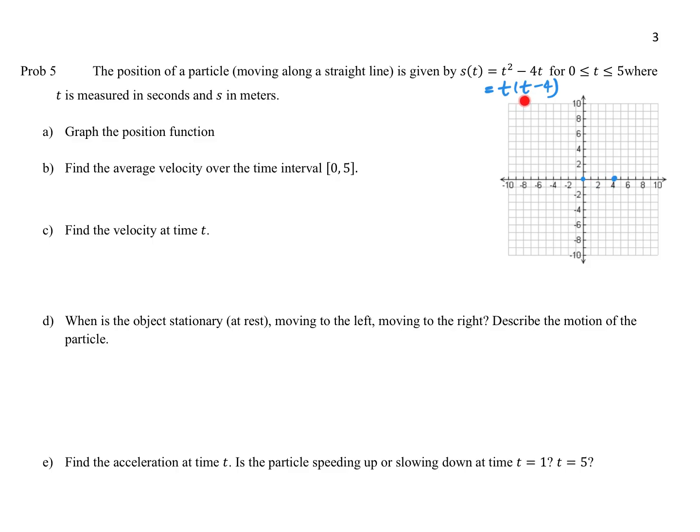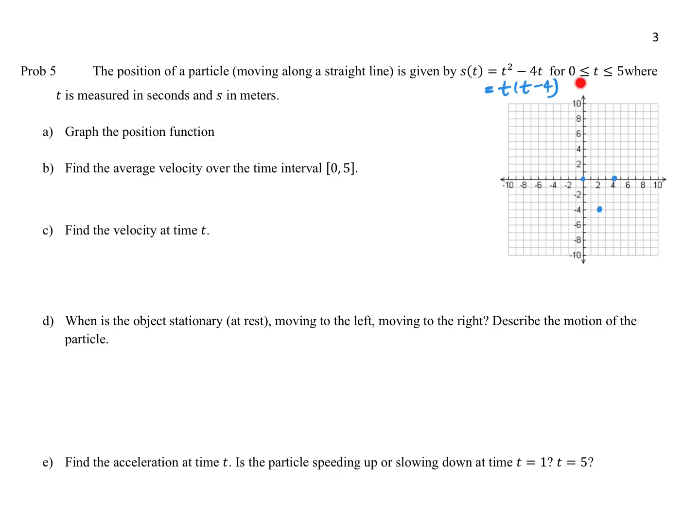When t is 2, I have 2 squared, which is 4, minus 2 times 4, which is 8. 4 minus 8 is -4. So the vertex is (2, -4). This opens up, passing through these two intercepts, so it should look like that.